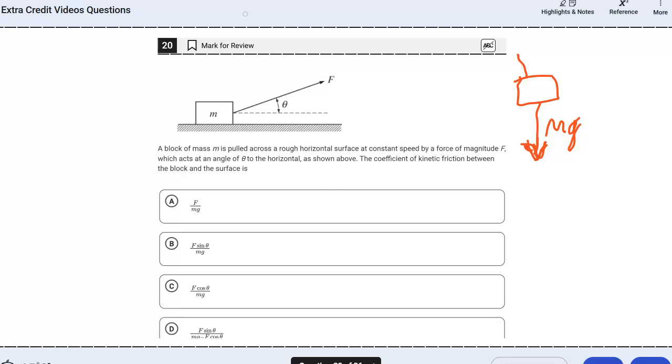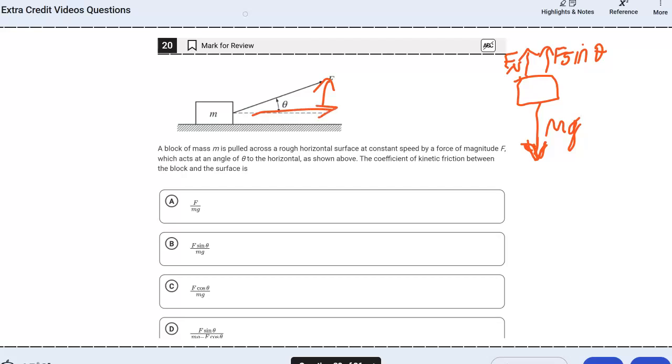And then we also have the vertical component of F, which is F sine theta.